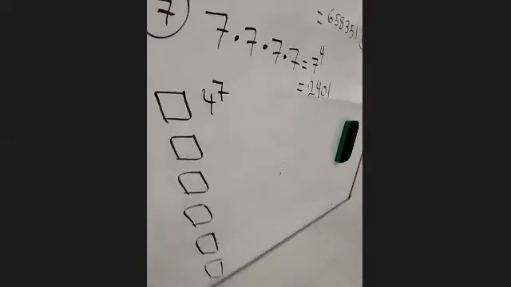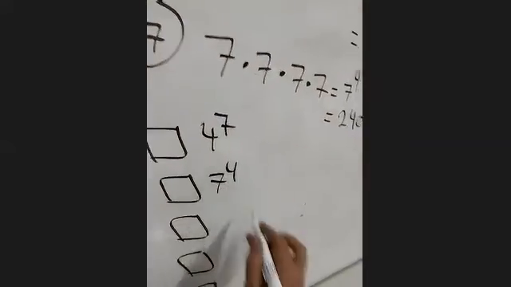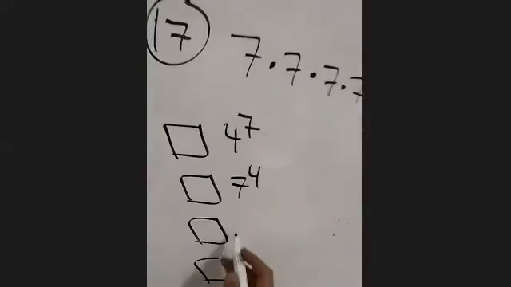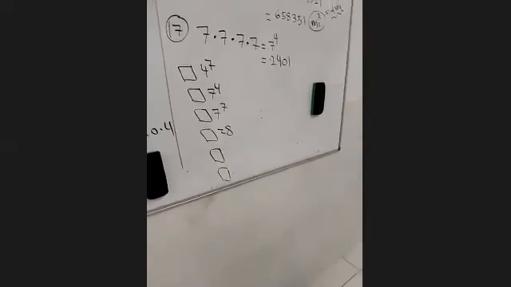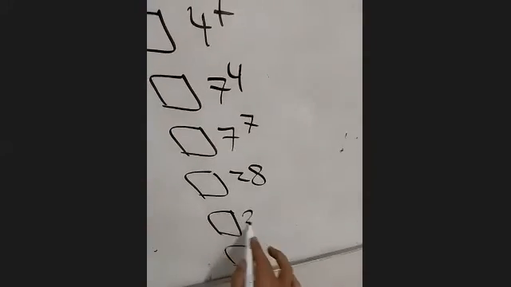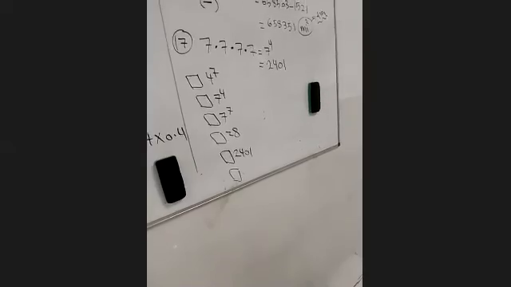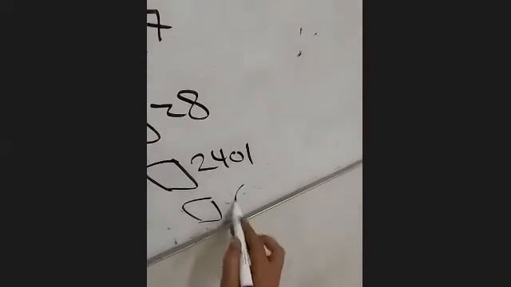The second choice is 7 to the power 4. The third choice is 7 power 7. The fourth choice is 28. The fifth choice is 2401. And the sixth choice is 16384.